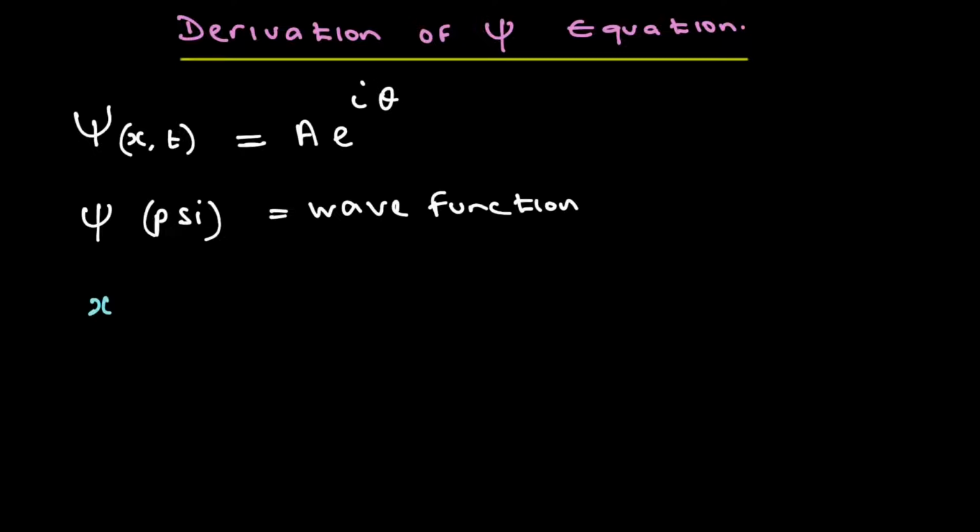X is the space coordinate and t is time. A is a constant.